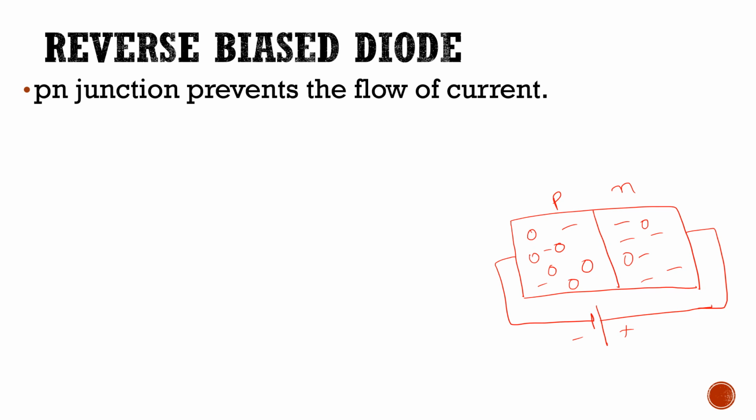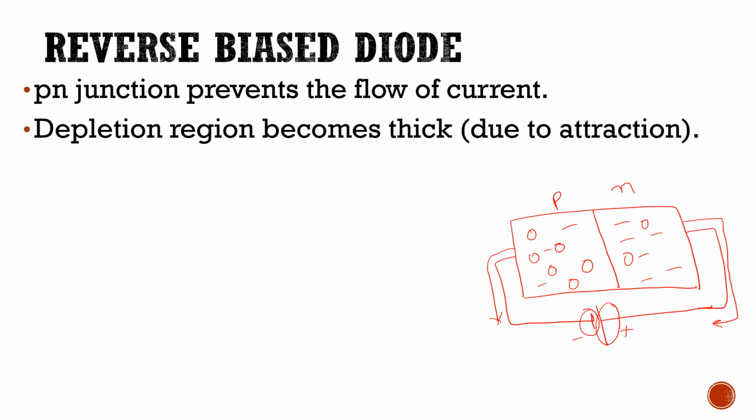So, this negative terminal of the battery is attracting holes from this P region away from the junction. Similarly, this positive terminal of the battery is attracting electrons from this N region away from the junction. As a result, depletion region becomes thick.